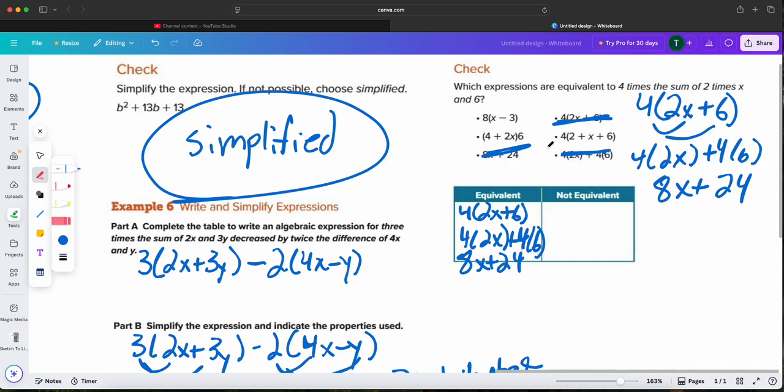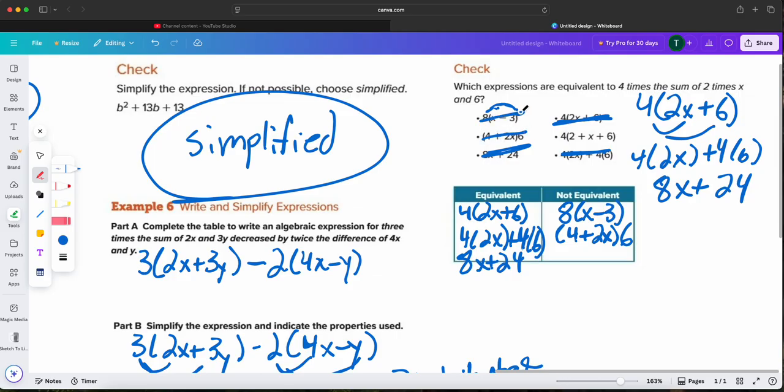Now if we look at these ones over here, we would see if they're equivalent. If we distribute this 8 times negative 3 is negative 24, so that would not be equivalent. If we distribute the 6, we would get a 12x, so it's not equivalent for this second one there.